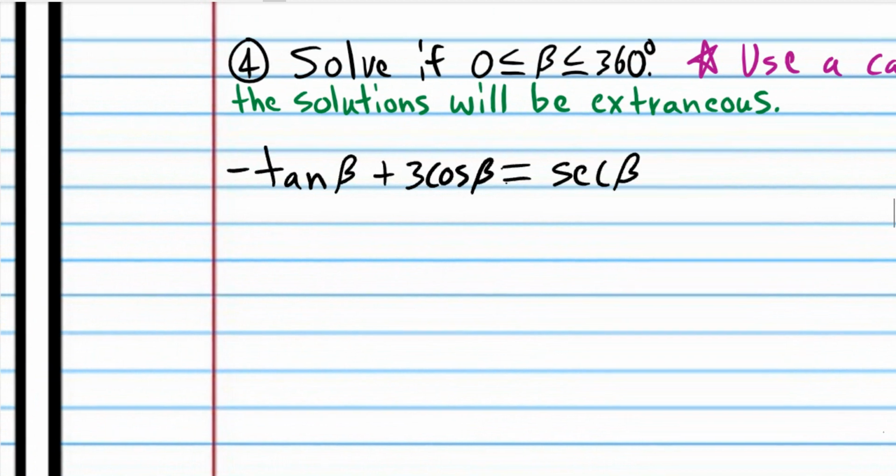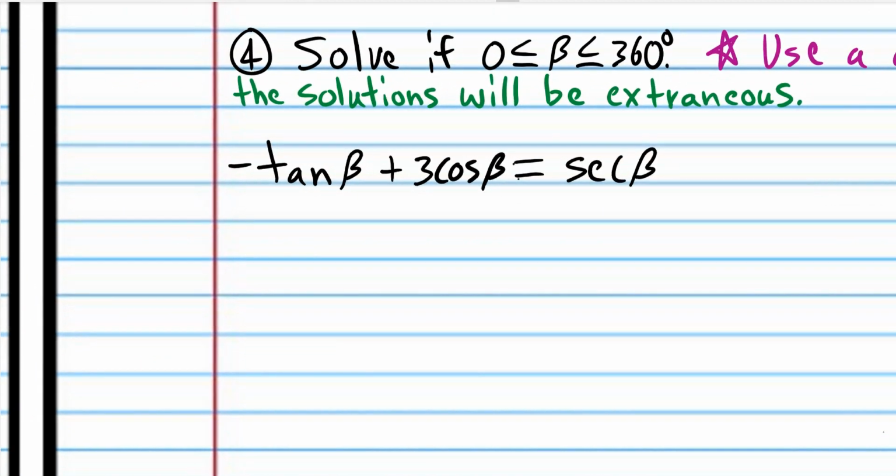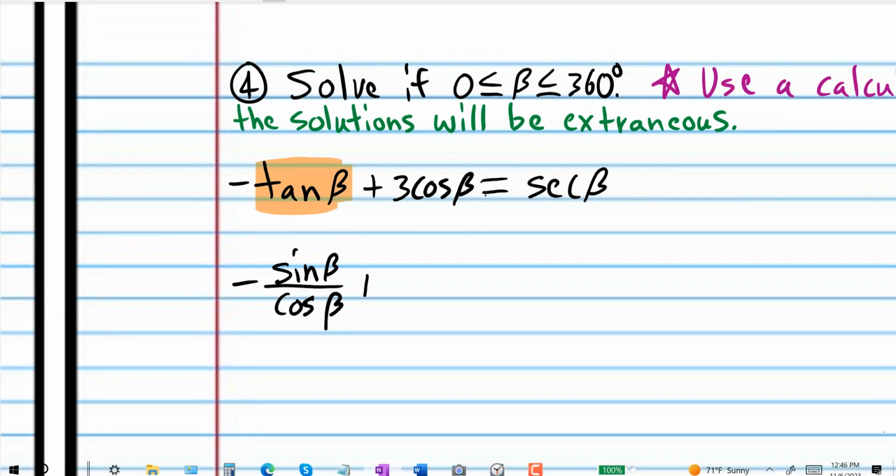Okay, we're back. So first we're going to use a ratio identity. We're going to change tangent beta to sine beta over cosine beta. And we're going to use a reciprocal identity.